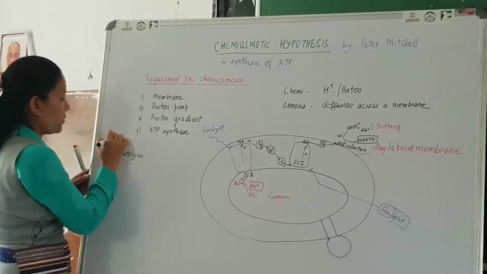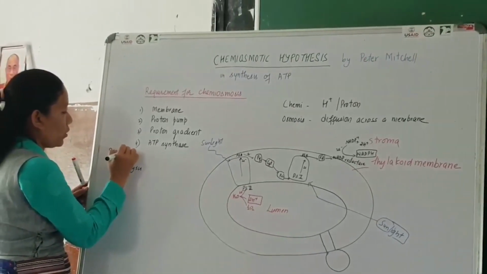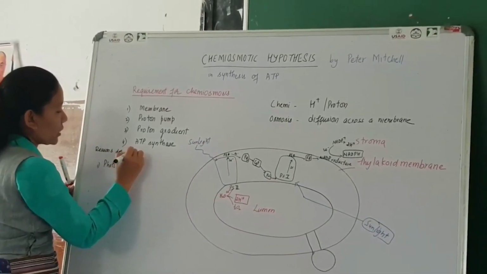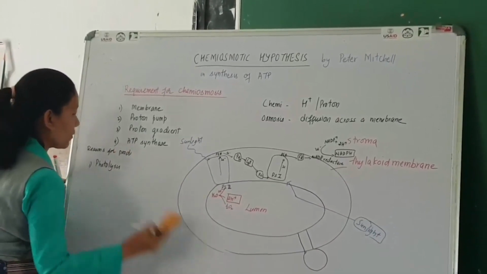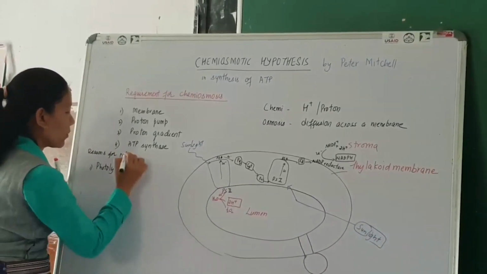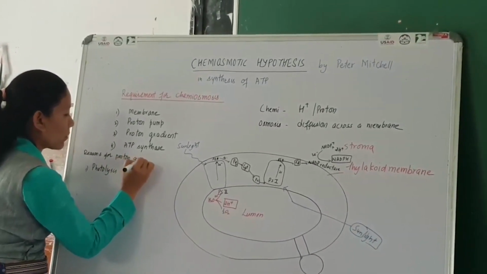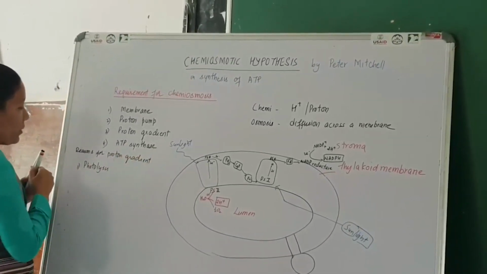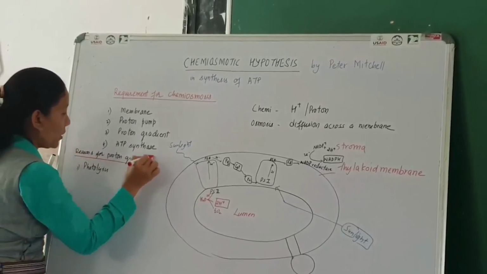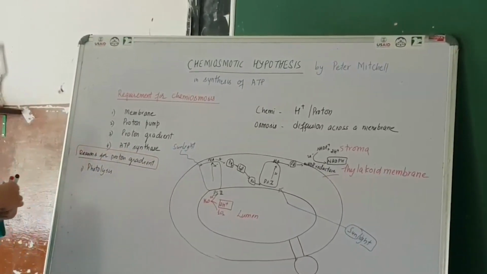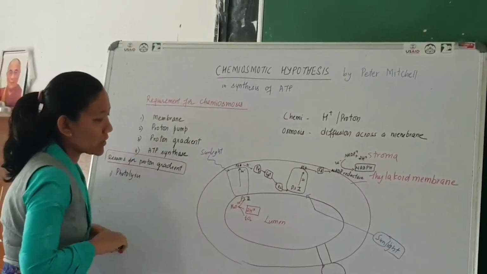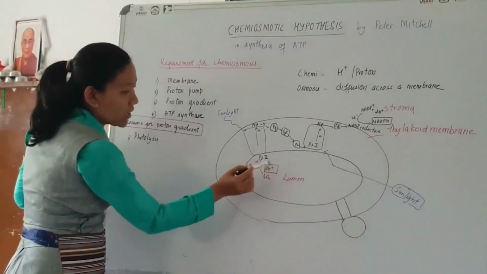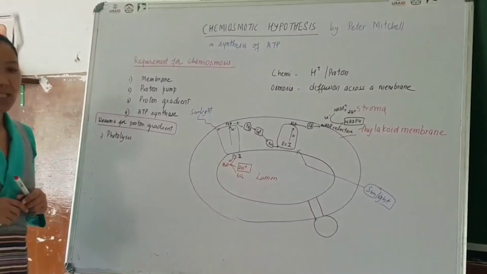First one is, we can just write reasons for proton gradient across the membrane. So the reasons are, first one is photolysis takes place near the lumen, towards the lumen side, thereby adding proton concentration inside the lumen.